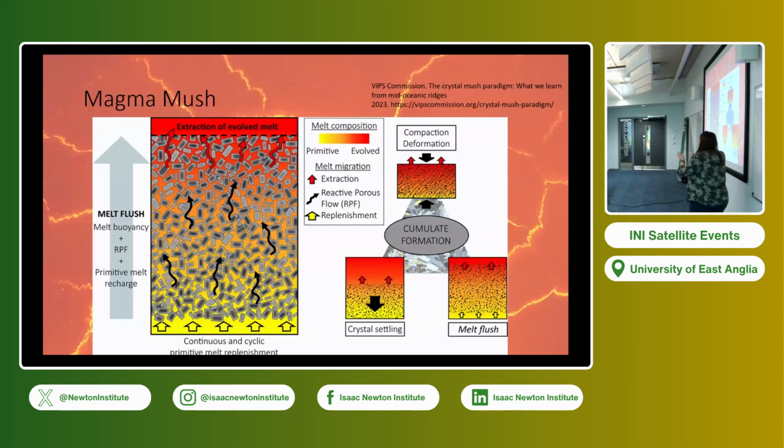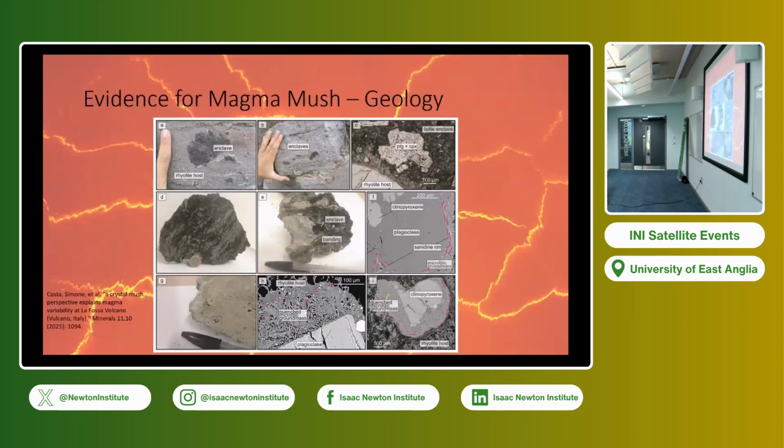And so you get stratification within that, where the crystals themselves can deform, or the assemblages can deform as well. And so we get this accumulate in terms of the actual geology. Now, I'm not a geologist, so I can't answer lots of questions about the geology, but here we have some geology.